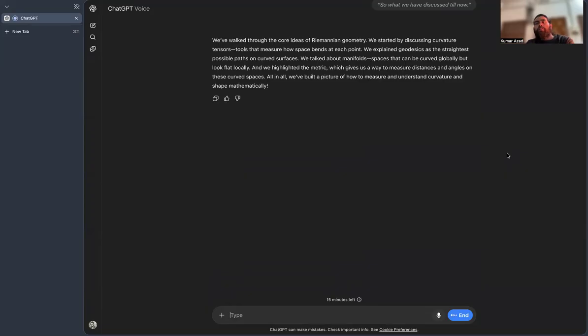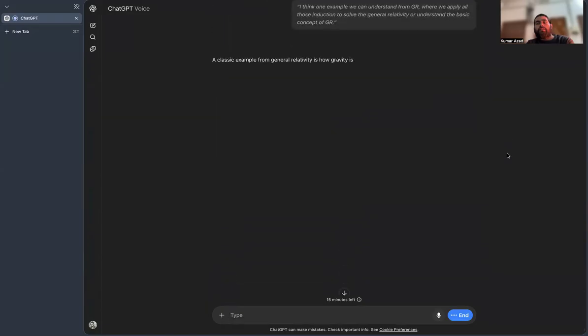I think one example we can understand is from GR, where we apply all those ideas to understand the basic concept of general relativity. A classic example from general relativity is how gravity isn't a force, but rather the curvature of spacetime.